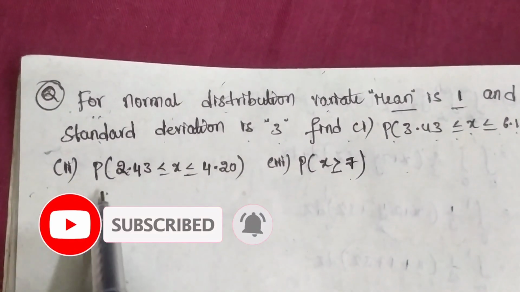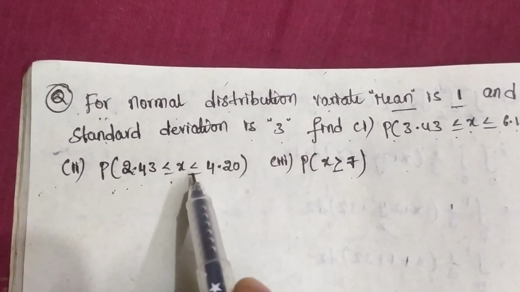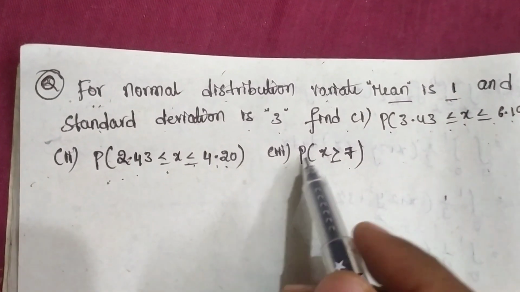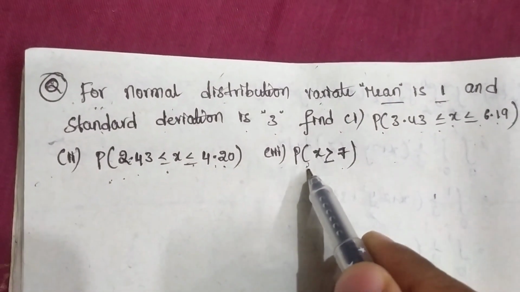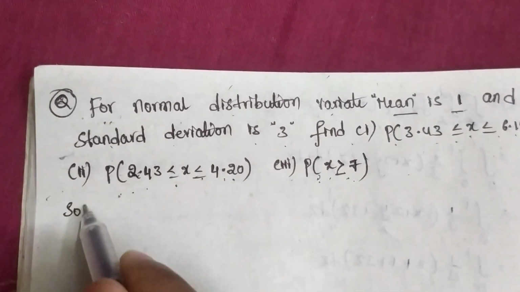The second is the probability of 2.43 less than or equal to x less than or equal to 4.20. And the third is the probability of x greater than or equal to 7. Let us start the problem.